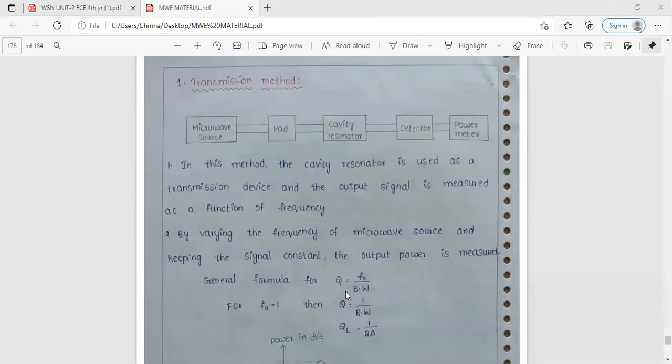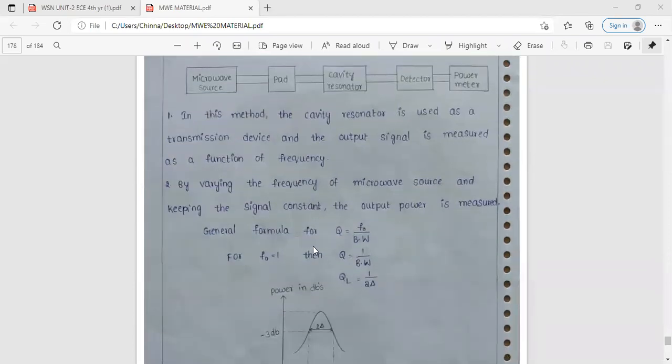So Q factor is equal to f naught by bandwidth. If you consider the operating frequency as 1, then Q is equal to 1 by bandwidth. So QL is equal to 1 by 2 delta. That is the value of the particular representation.